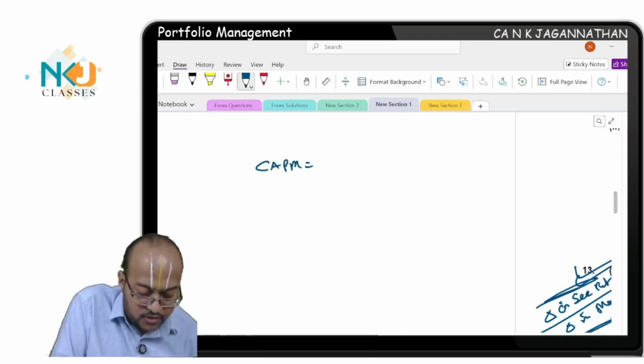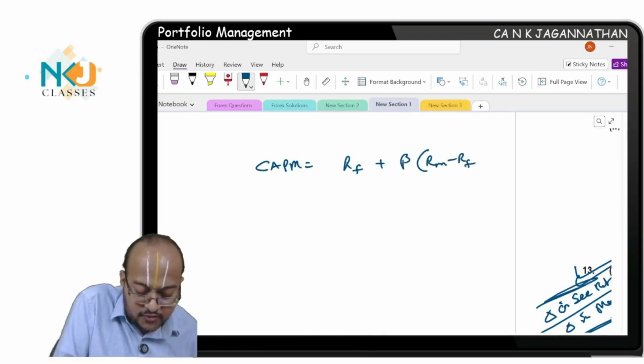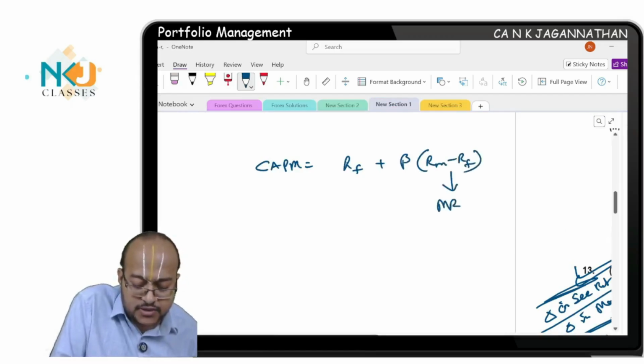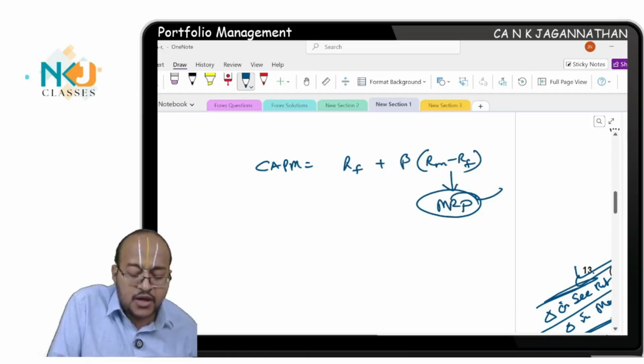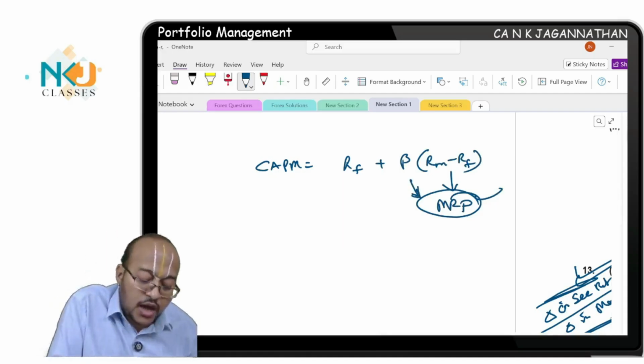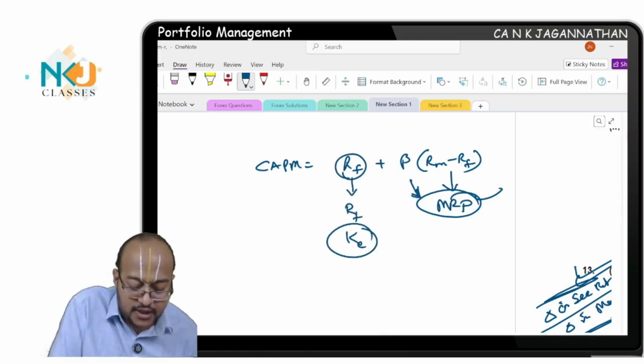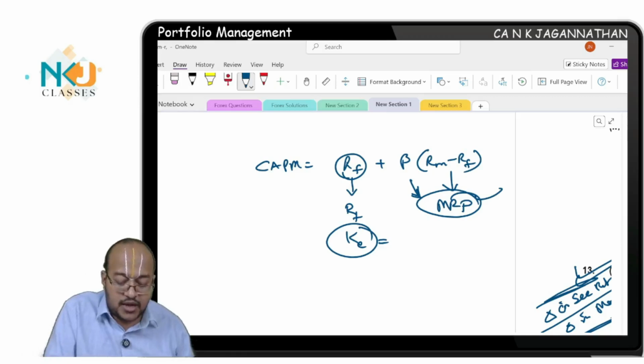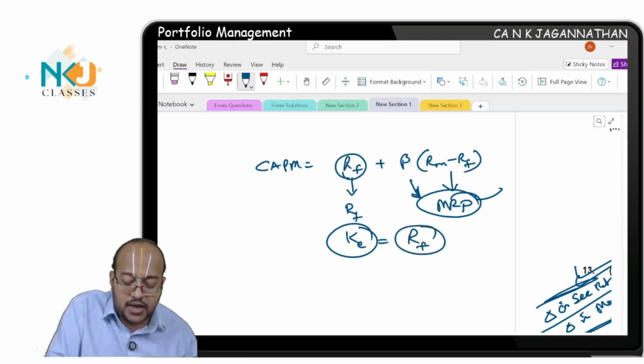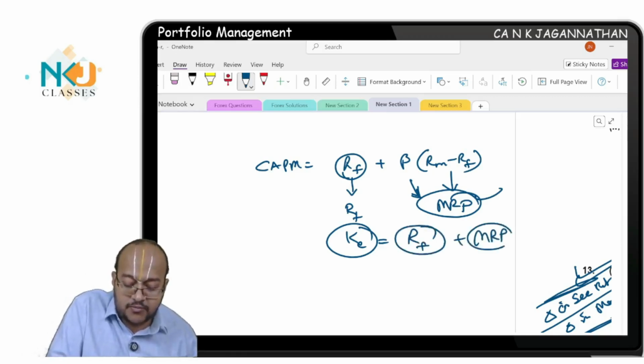You have RF plus beta times the RM minus RF. This RM minus RF is the market risk premium. This premium, if you multiply with beta, you will get the systematic risk portion. Apart from that, you have RF. If you add this with RF, you will get the KE. Upper KE is nothing but RF plus market risk premium.